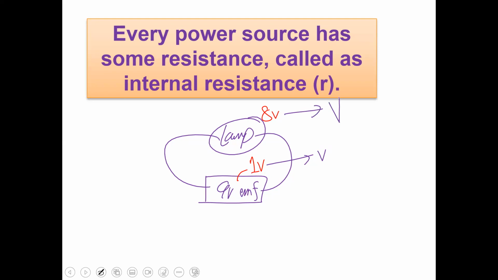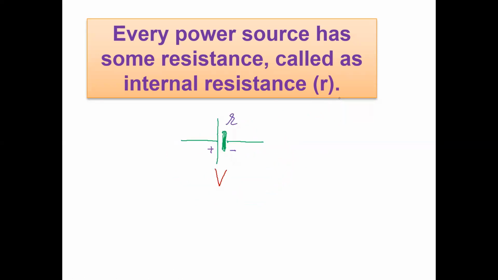So in every circuit, some voltage is lost within the cell and some voltage is available across the circuit. That is why batteries and generators waste energy. When a generator is running, it produces a lot of noise. That's a loss. That's internal energy.